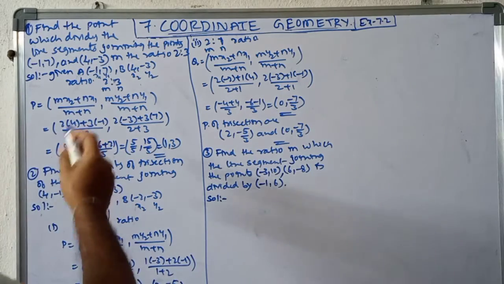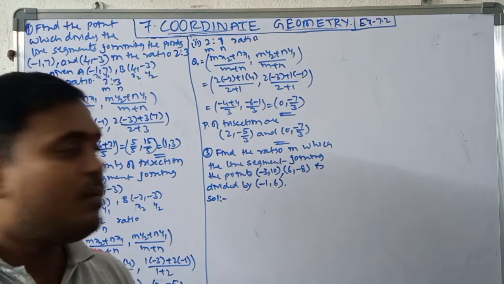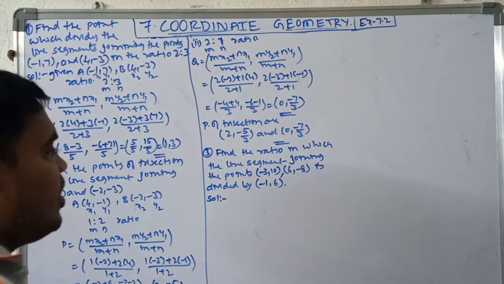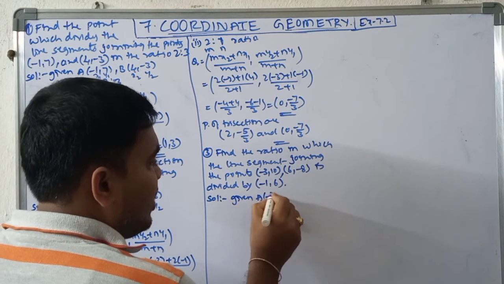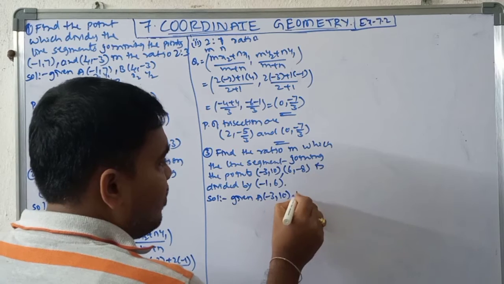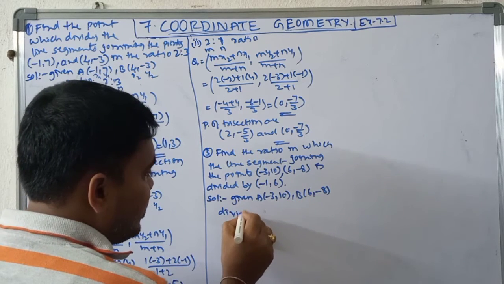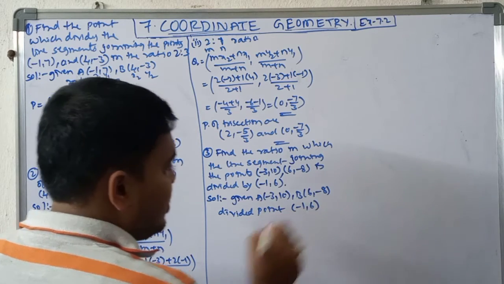In the previous question, the ratio was given and we didn't know the dividing point, but here the dividing point is given and we don't know the ratio. So given A(-3, 10), B(6, -8), the dividing point is (-1, 6).